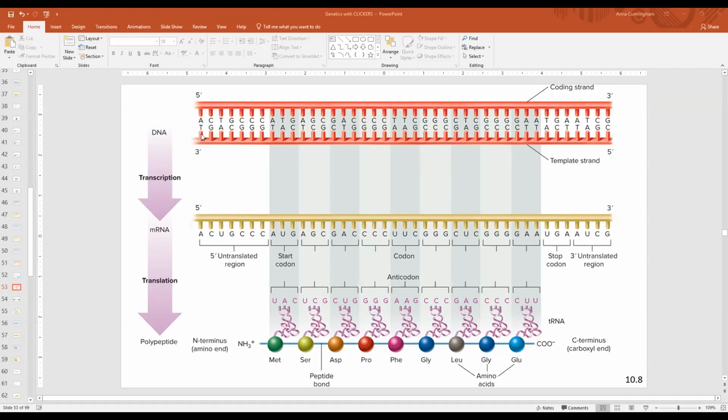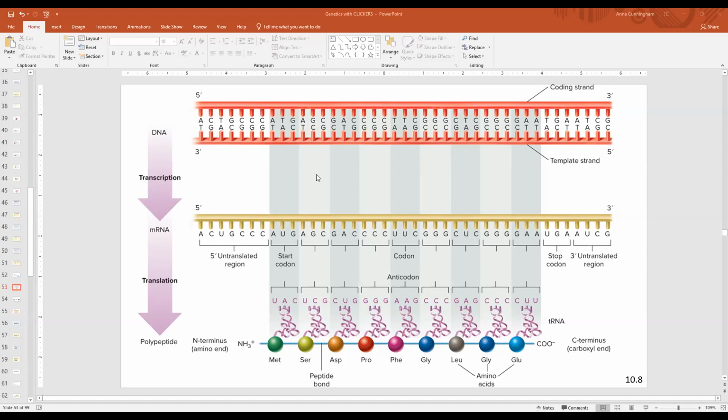So in this case, I'm using a template that is 3' to 5'. Its complementary DNA strand would be in the opposite direction, 5' to 3', and it would have the complementary nucleotides. So you can see this is called the coding strand. In this case, I just called it the complementary strand because that was the product if I was going to build DNA. In the case of transcription, we're taking DNA and creating mRNA.